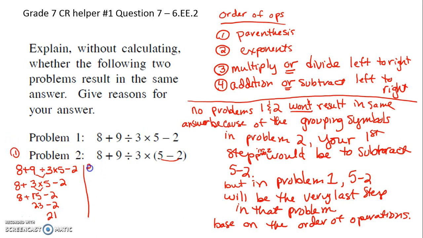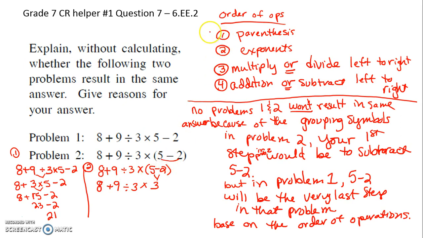But for problem 2, you follow a very different order because of these grouping symbols right here, because of those parentheses. So let's take a look. 8 plus 9 divided by 3 times, in parentheses, 5 minus 2. So because of the parentheses, I have to work within parentheses first. 5 minus 2 is 3. Everything else stays the same. So I have my times, I have my 3, I have my divided by, I have my 9, I have my plus, I have my 8.